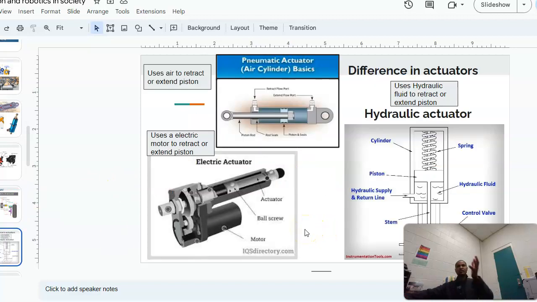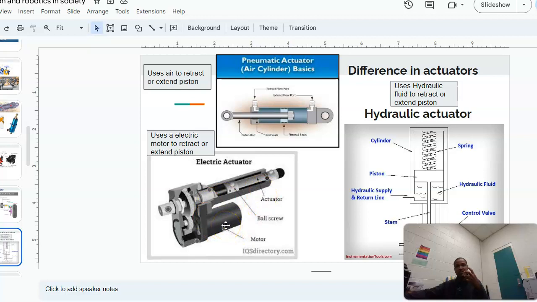These are just three different types of actuators. You might hear the word pneumatic. Pneumatic actuators are just referring to using some kind of gas or air to retract or extend the piston. Here you have the electric actuator. The electric actuator uses a motor.